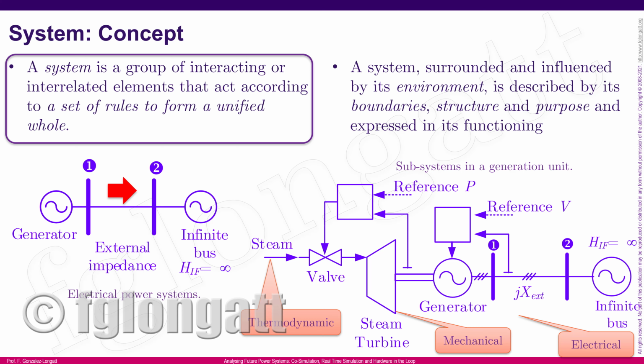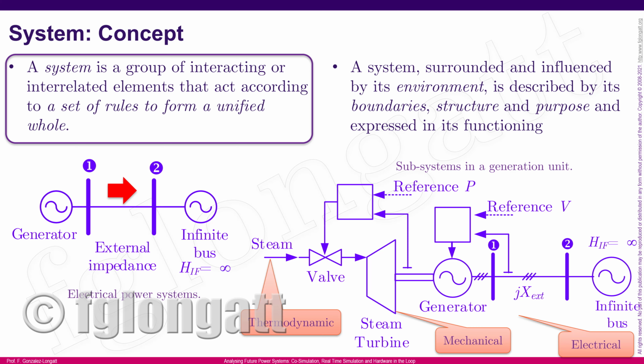Okay, for instance, an electrical power system, as the name says, is a system. In this case, it is a massive infrastructure designed to deliver electricity to the customer, and we can subdivide that huge infrastructure, the electrical power system, into many other subsystems.